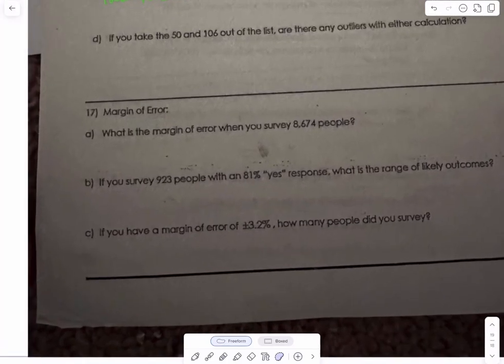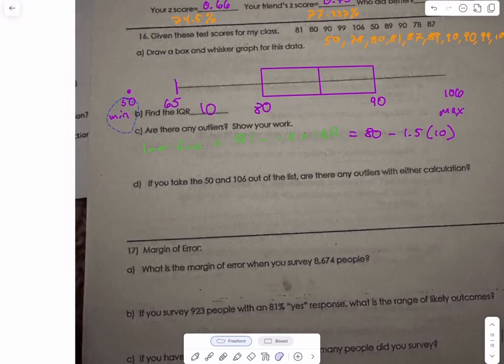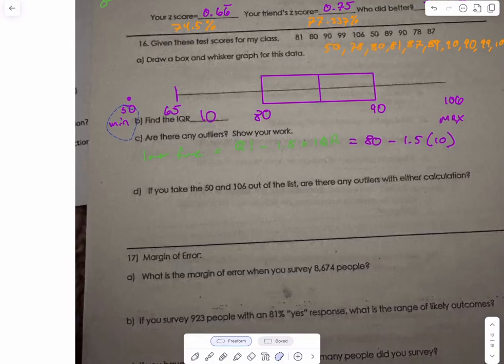And if we do something similar for the upper fence, right? So we'll say the upper fence should be Q3 plus 1.5 times the interquartile range.